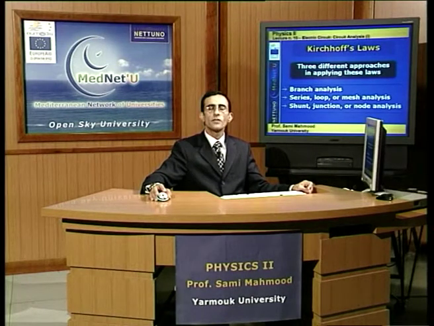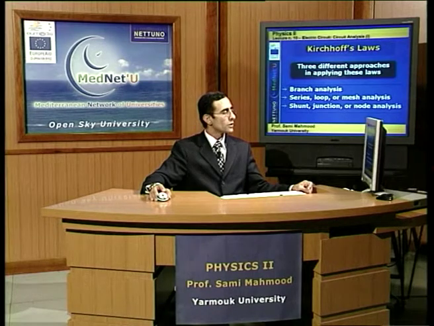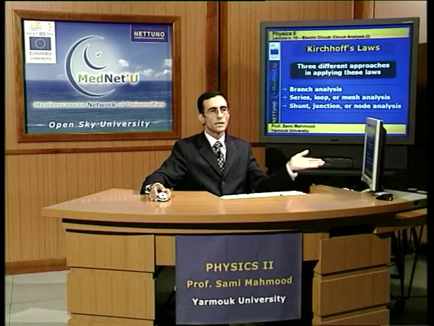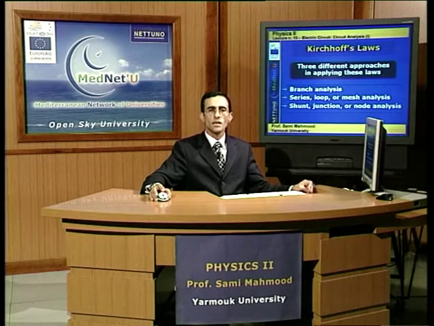And the third approach or method is the so-called shunt approach, or the junction approach, or the node analysis approach. These 3 names are given to the same method, but for our purposes, we will use the name node analysis, which is the same as junction or shunt. We will call it node analysis.